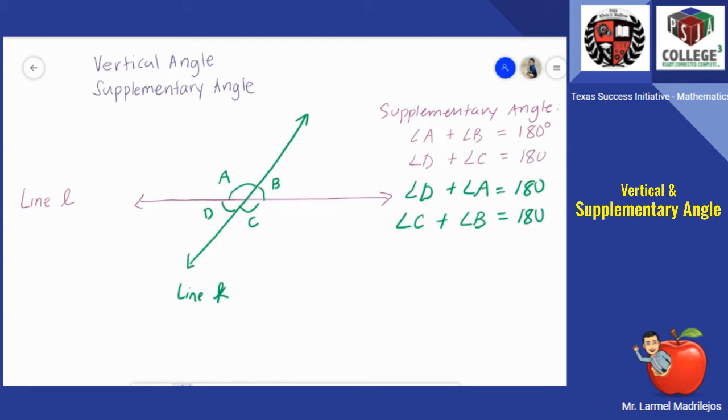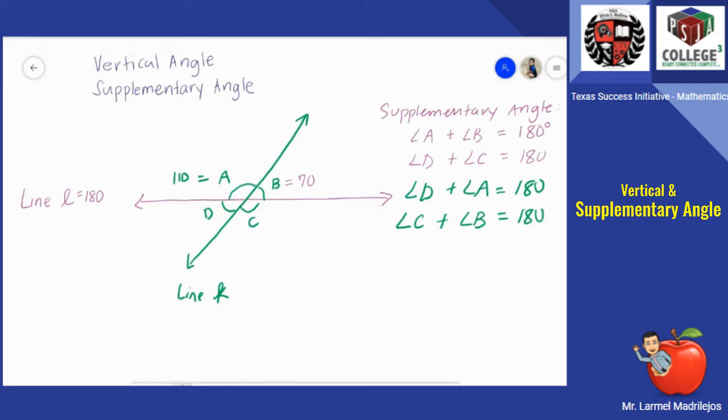So let's put some numbers here. Let's say angle A is 110 degrees. We know that this line, line L, is 180 degrees. So if I subtract 110 from 180, I get 70 degrees. So angle B is 70 degrees, and the sum of these two is 180.